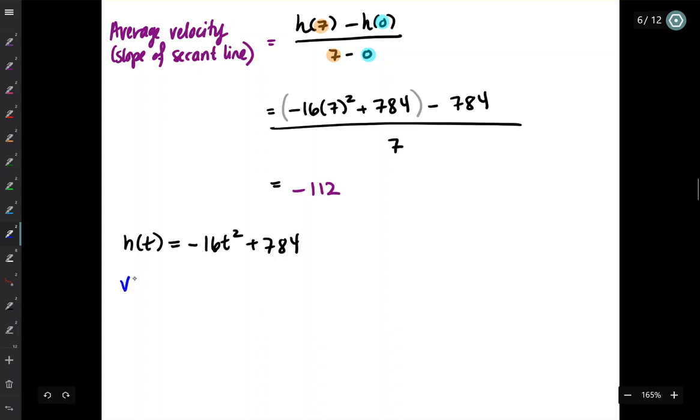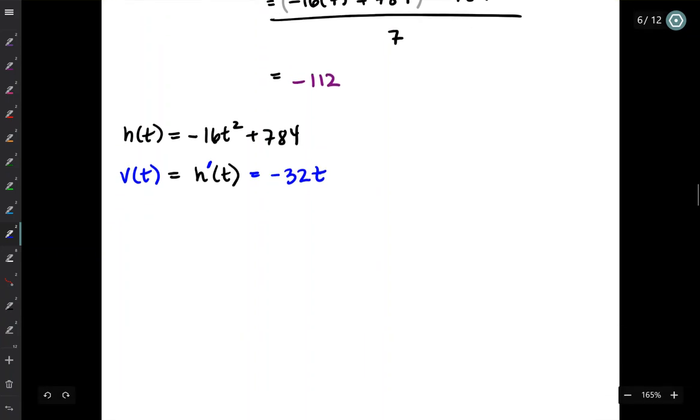My velocity is the rate at which position changes with respect to time. In this case, I'm using h for the position of the pebble being the height that it is off the ground. Minus 16 times 2 is minus 32t, plus the derivative of a constant is 0, so plus 0.